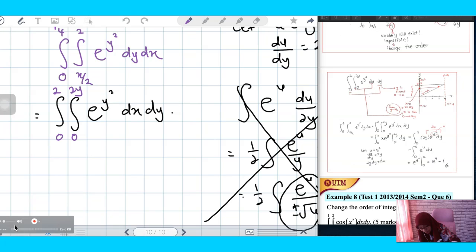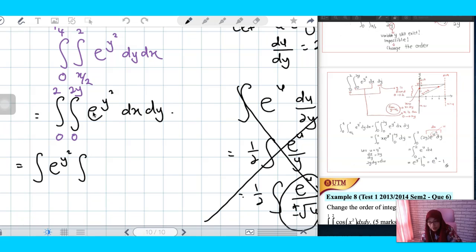You want to integrate first with respect to x, but these are all in terms of y, so y squared is constant. We can just take this out because it is constant. So we just look at the integration of 1 dx and then dy, x from 0 to y, y from 0 to 2.